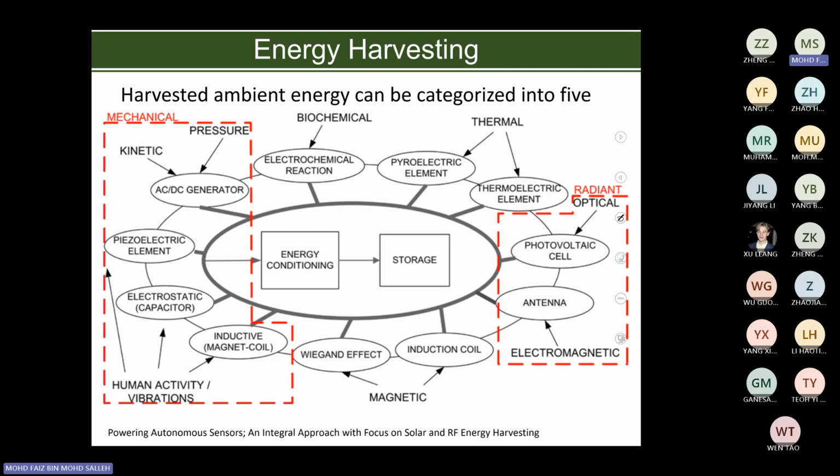One is potential energy. The other one is kinetic. Potential and kinetic energy.